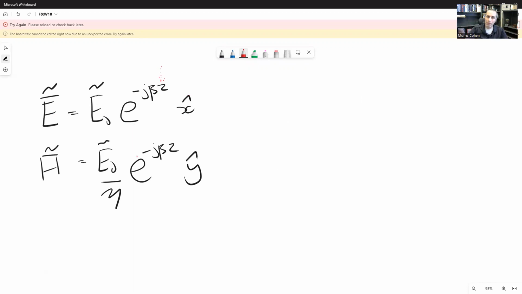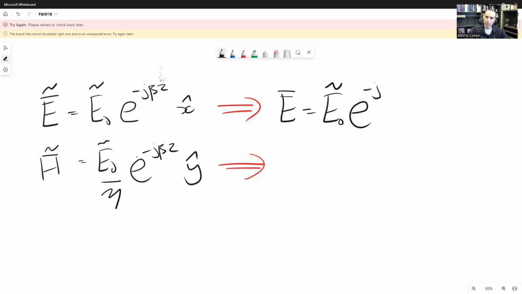So we want to put something here that's going to capture how far you are along the axis that points in the direction of propagation. We're going to recast this in the following form: the electric field will be some base phasor value times e to the minus j times beta bar dot r. And H, we're going to write the same way.